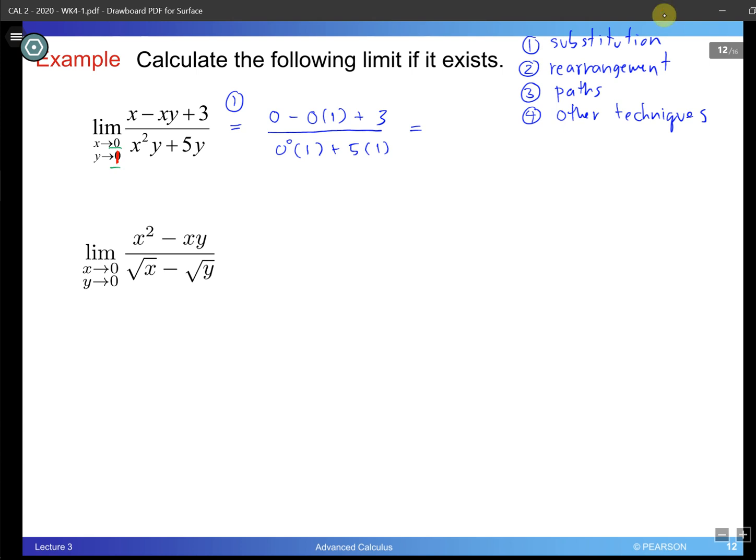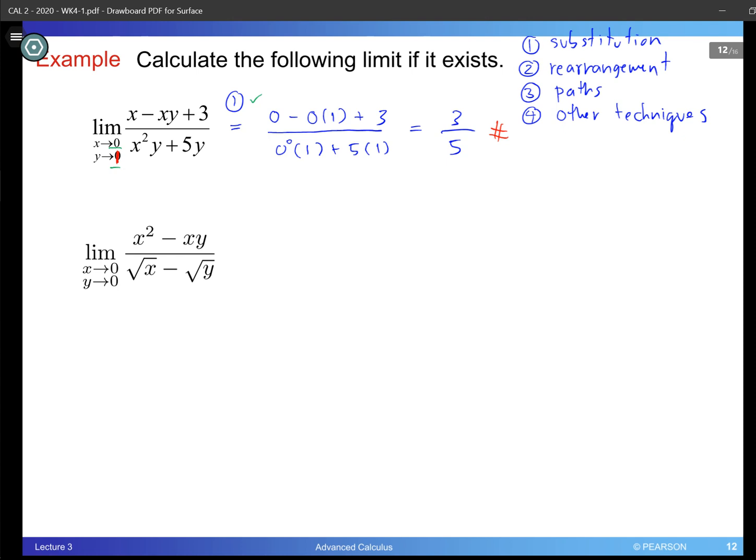We have this 3 for the numerator, and we have this 5 for the denominator. So in the end, we have the value of 3 over 5 for this first example. And as you can see, for this one the substitution works right away. So we can stop right here, and we can answer that the limit for this multivariable function is 3/5.